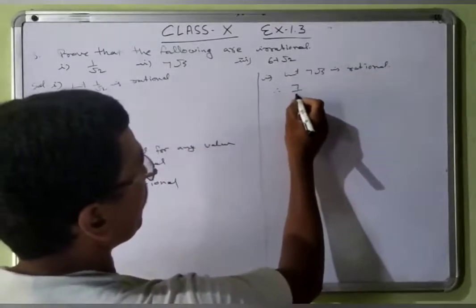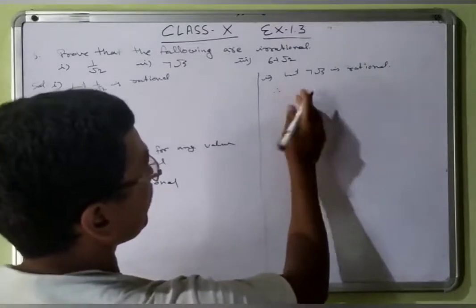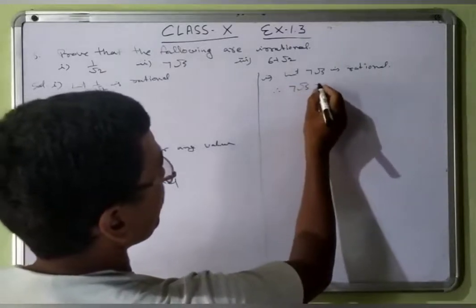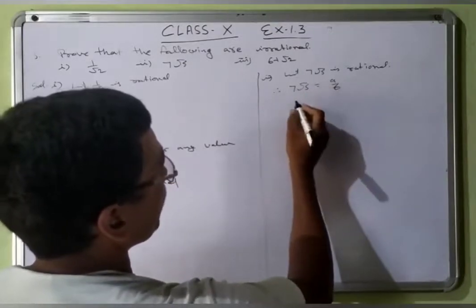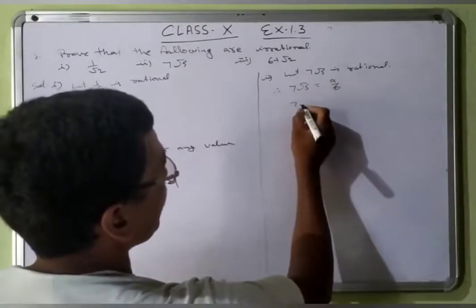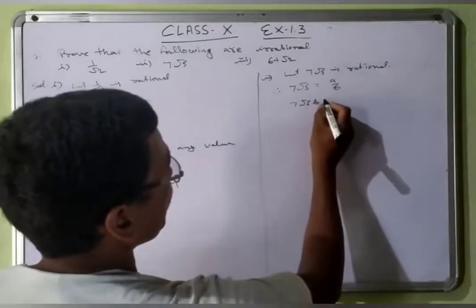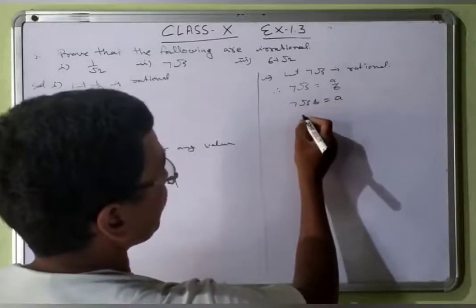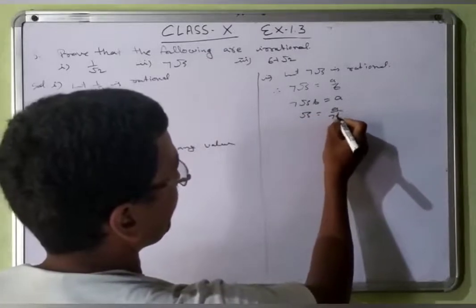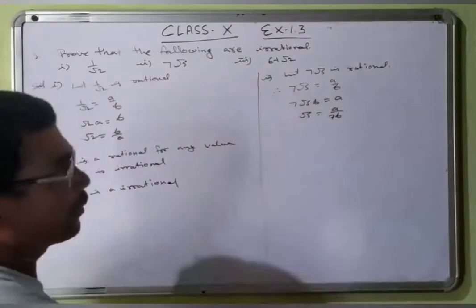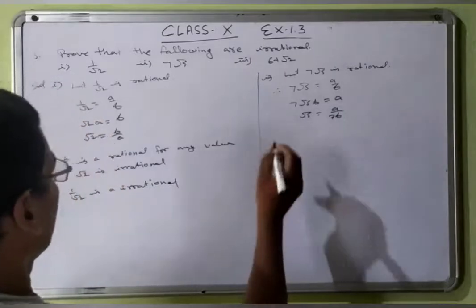So 7 root 5 is equal to a upon b. By cross multiply, 7 root 5 b is equal to a. So root 5 is equal to a upon 7b. We have separated the root term.